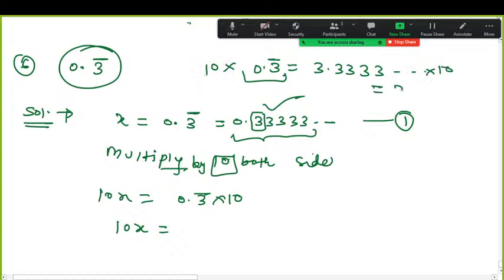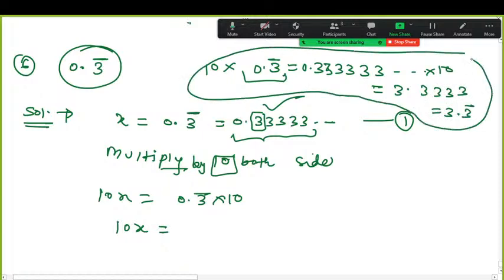What will you get? 3.333333, that is 3.3 bar. Remember this from today onward, that 0.3 bar multiplied with 10 is equivalent to 3.3 bar.